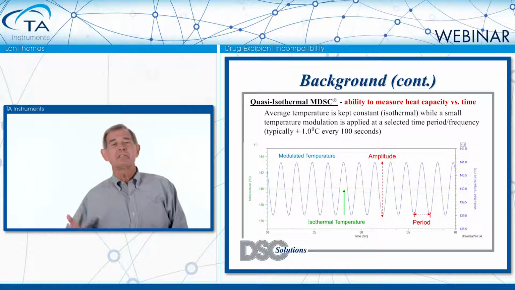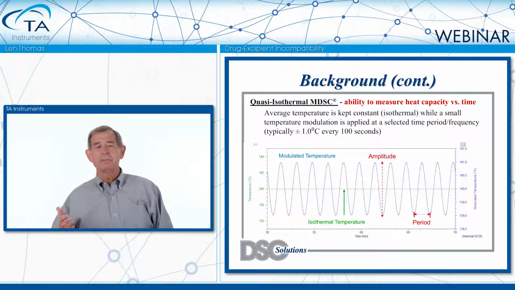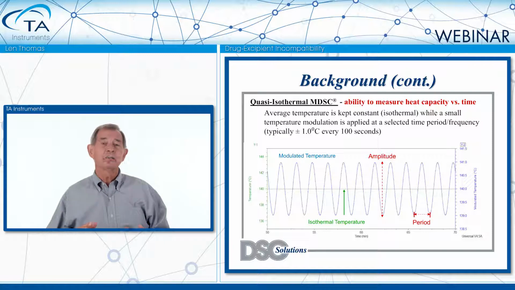One of these days I'll probably do a webinar on modulated DSC, but for now let me tell you what the best conditions are for this kind of experiment. If we're trying to measure changes in heat capacity with time, I'd strongly recommend that you apply a temperature modulation of plus or minus 1 degree every 100 seconds, all right?